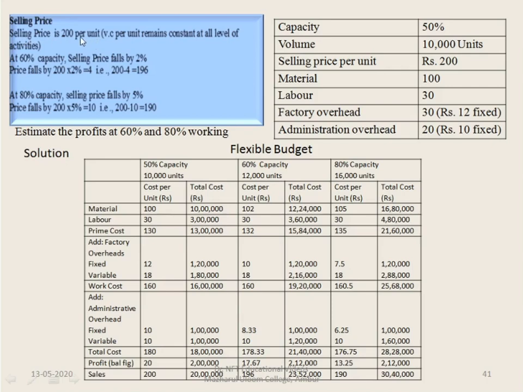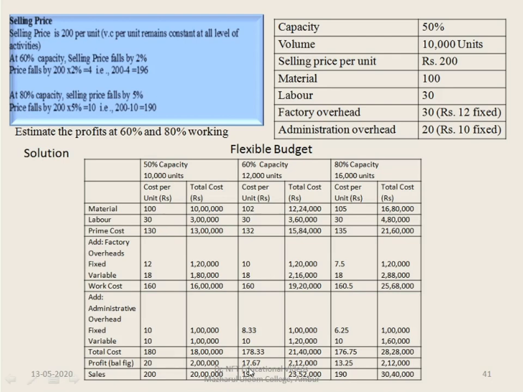So the selling price is 200 per unit. At 60%, the selling price falls by 2%, that is, 200 into 2%, which is 4. So 200 minus 4 is 196.